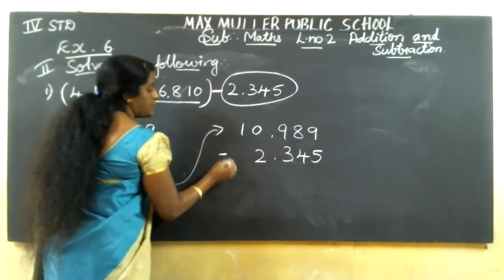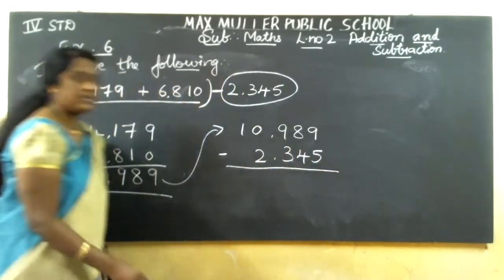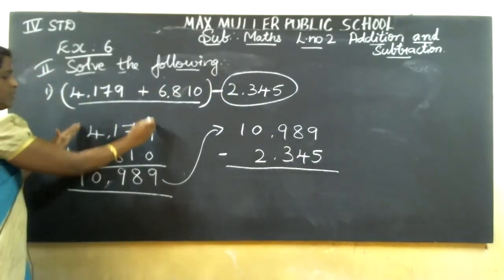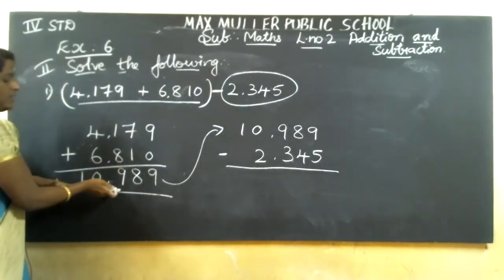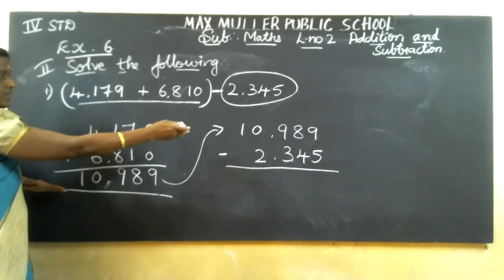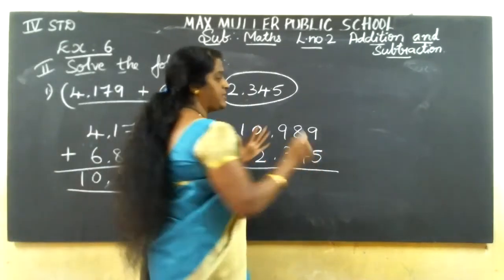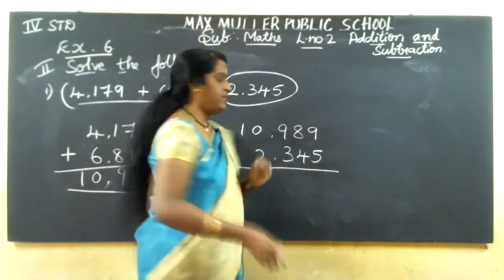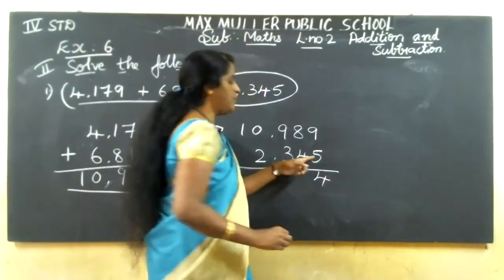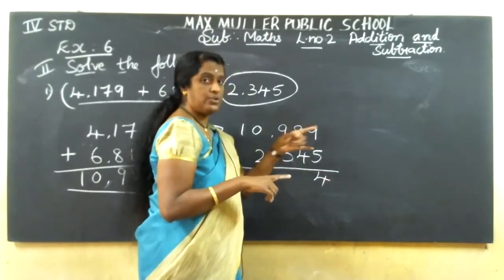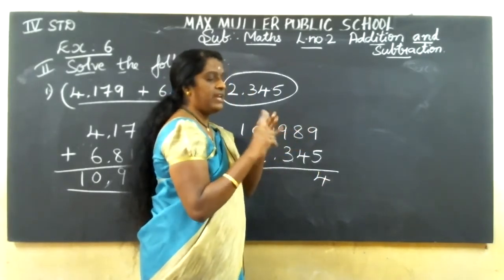Minus, here it is minus. See here, we can't do it together. So I did this first. We got the answer here. That answer I wrote there. Subtract by that answer. 9 minus 5, 4. If you want to count, after 5, up to 9 only you should count: 6, 7, 8, 9.